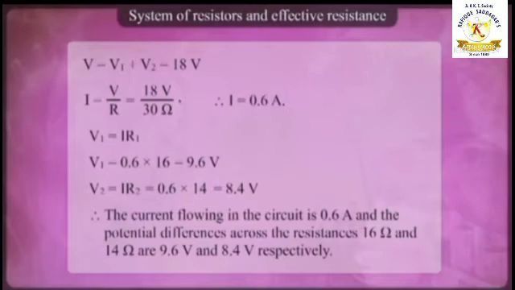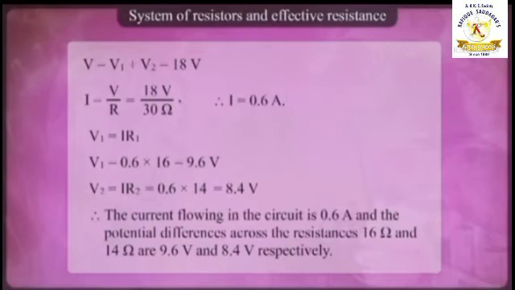Now 0.6 multiplied by 16 will give you the answer as 9.6 volts, because the unit for potential difference is volt. V2 is equal to I multiplied by R2. So I, the current, is 0.6 multiplied by 14, which is equal to 8.4 volt.